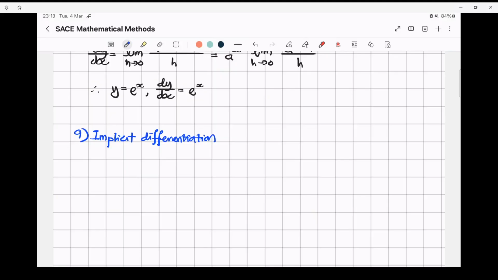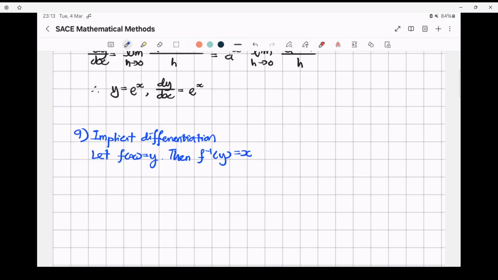You let f of x equal to y, then the inverse of y will be given by x. We take note that the inverse function here is defined in terms of y.